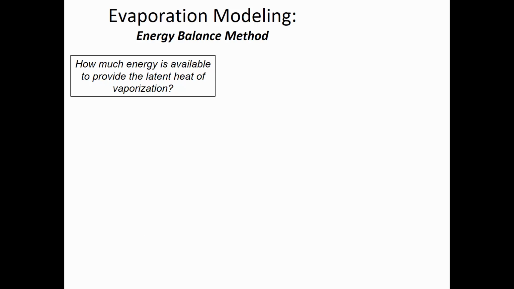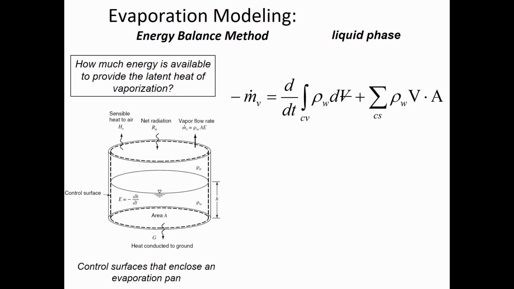So in the energy balance method, what we're trying to do is come up with some way to calculate how much energy there is to provide that latent heat of vaporization. So remember, that was how many joules of energy is needed to volatilize a kilogram of water, to take it from the liquid state into the vapor state.